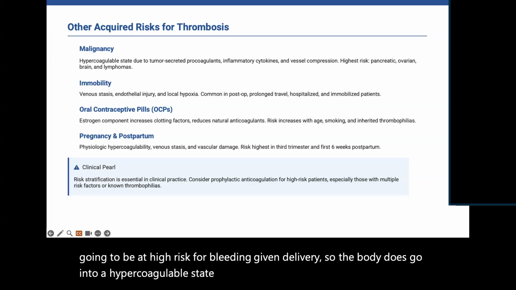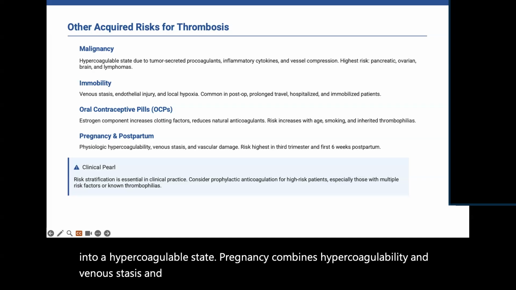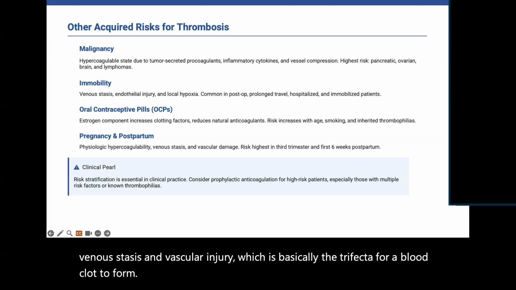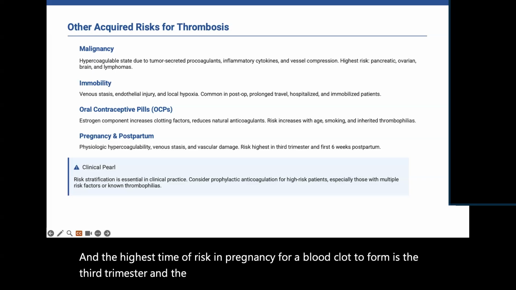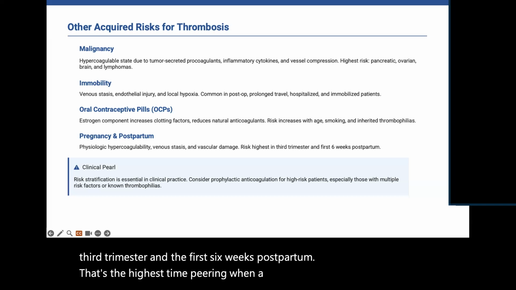Pregnancy combines hypercoagulability and venous stasis and vascular injury, which is basically the trifecta for a blood clot to form. And the highest time of risk in pregnancy for a blood clot to form is the third trimester and the first 6 weeks postpartum. That's the highest time period when a blood clot can happen in a pregnant woman.